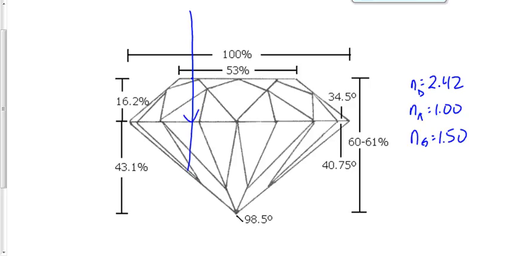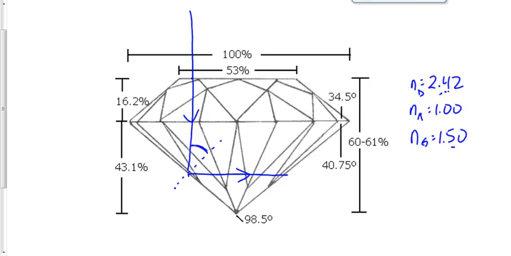But when it gets to this boundary right here, between the air and the diamond, it has to do something. If this angle is smaller than the critical angle, the light goes out here. If it's bigger than the critical angle, it's going to reflect. Diamond has a really high index of refraction, much higher than glass.